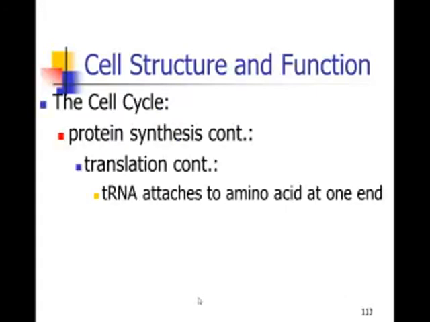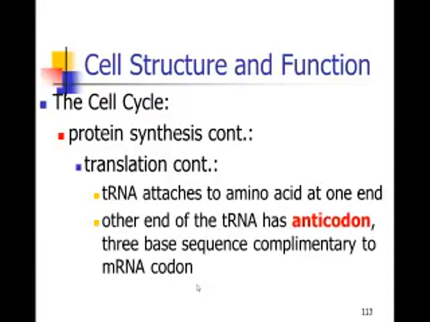So what happens is the transfer RNA attaches at one end to the amino acid, and the other end of the transfer RNA has an anticodon, a 3-base sequence that matches the messenger RNA. And when they line up, it releases that amino acid for the protein synthesis.